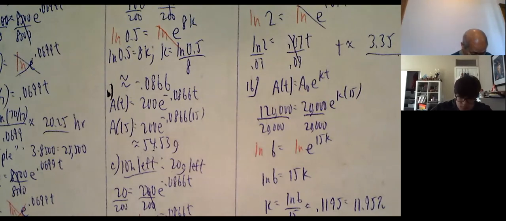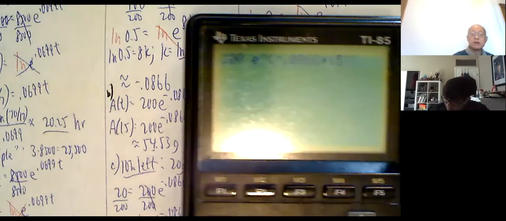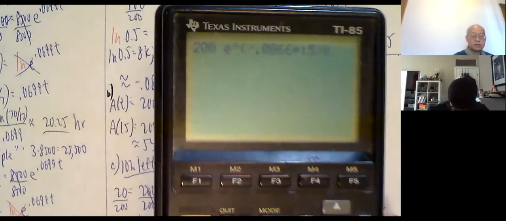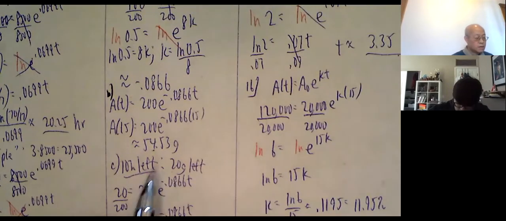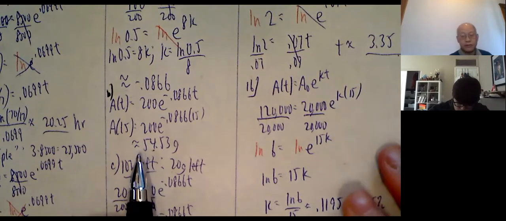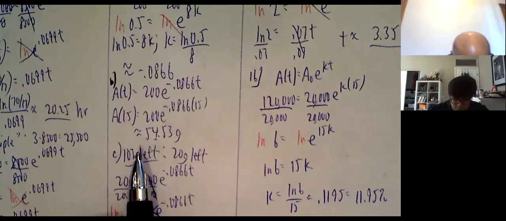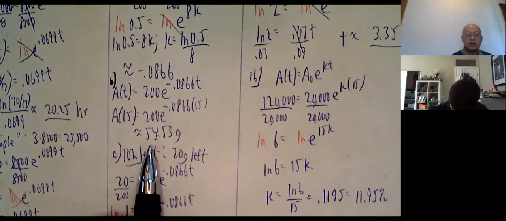Let me start over. 200 second function e to the parentheses, negative 0.0866 times 15. There we go, 54.56. I guess 54.53, rounded off, crossed up too many digits. But anyway, that's that.